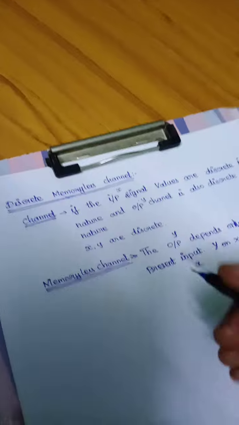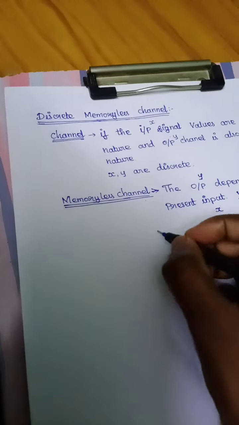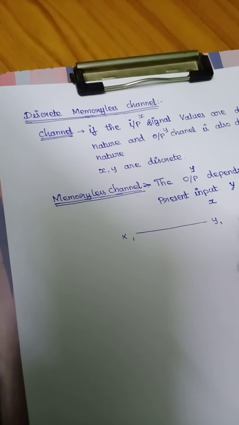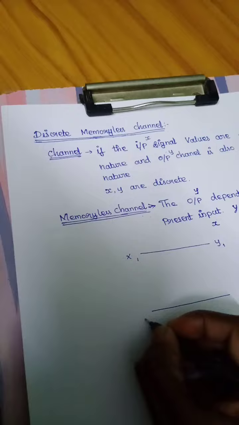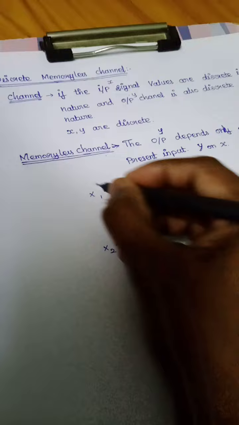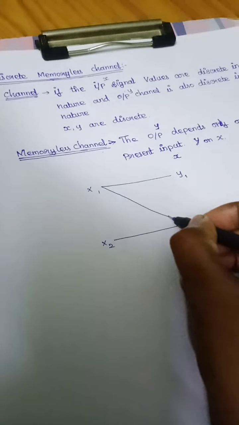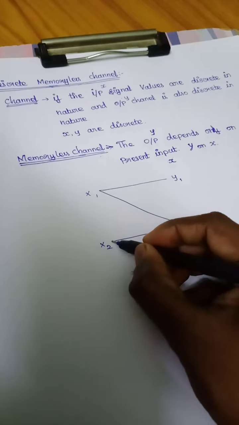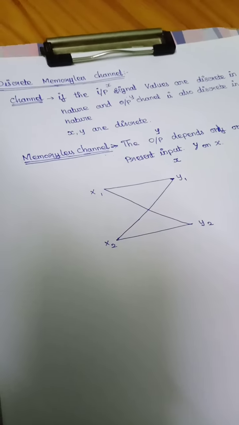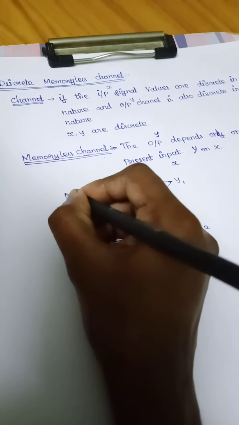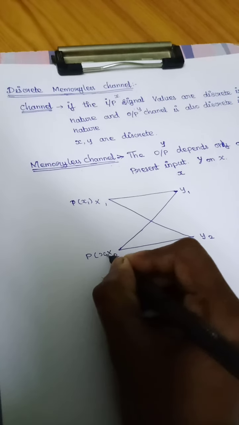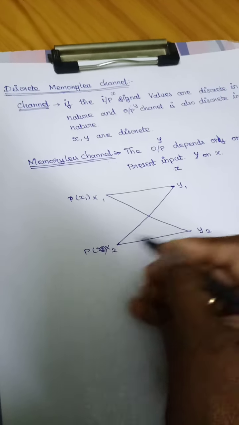Next, we'll see the C1 block. This one is X1, this one is Y1. Next, X2, Y2. So X1 reaches the signal Y2 and X2 reaches the signal Y1. Here this is P of X1 and this is P of X2.